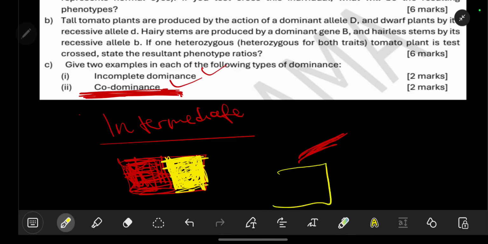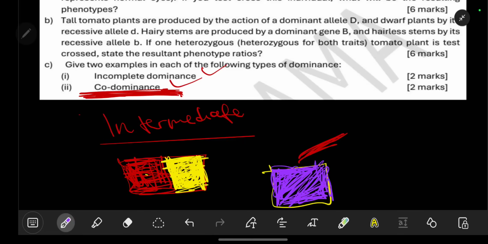On the other hand, incomplete dominance occurs when, let's say the parents were red and yellow, the offspring produced is purple. Since these have blended together to form a neutral color, that is what we call incomplete dominance.